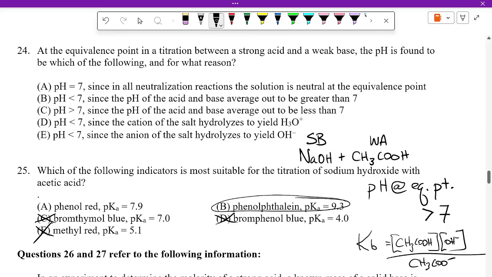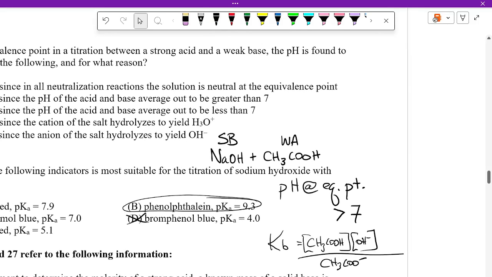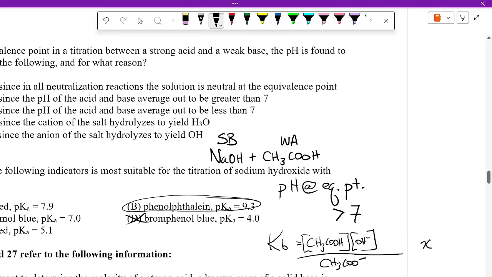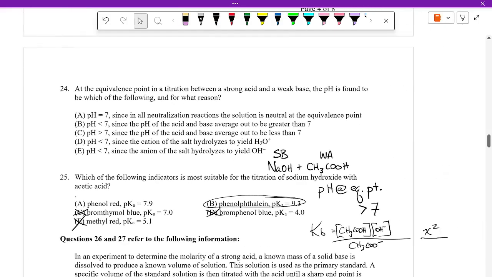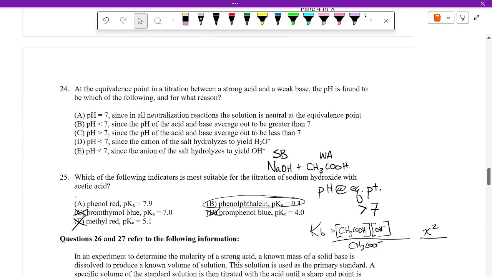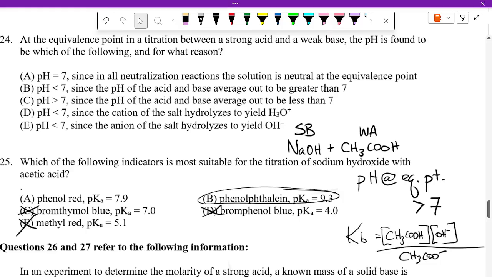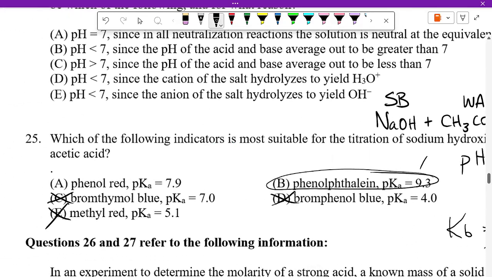At the equivalence point, we've got the acetate ion. And once again, that's going to be x squared over whatever that concentration is. But we don't have enough to do any actual calculations, so we're going to have to just ballpark it, yes? So just go with this one. There you go.